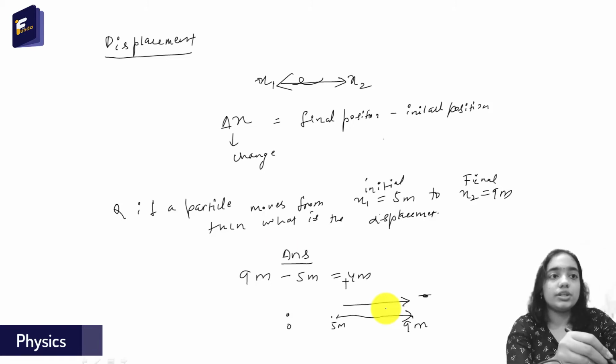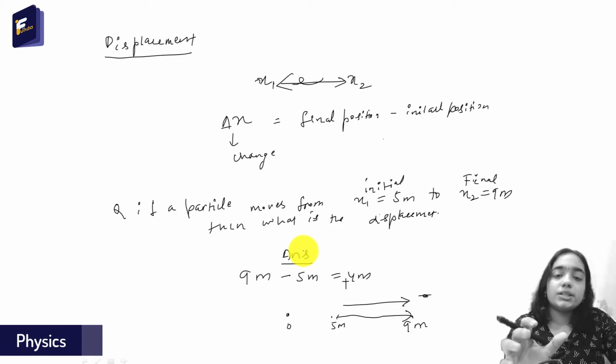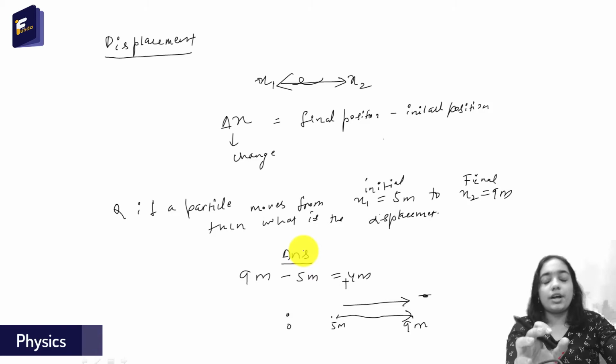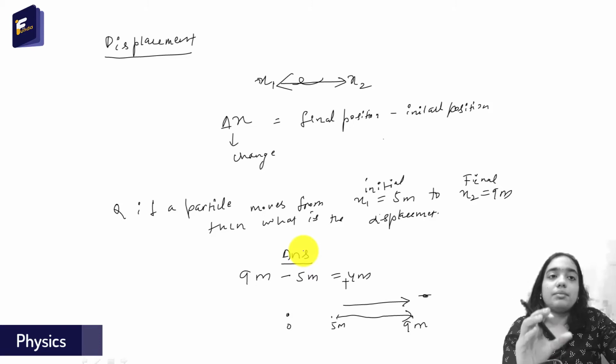So like this you can know the direction as well as the length. This arrow's direction as well as length will give you the total displacement. For displacement, you always have to specify the sign, plus or minus, that is the direction. I have actually not told you about vector and scalar quantities yet, but let me tell you that a vector quantity has magnitude as well as direction.